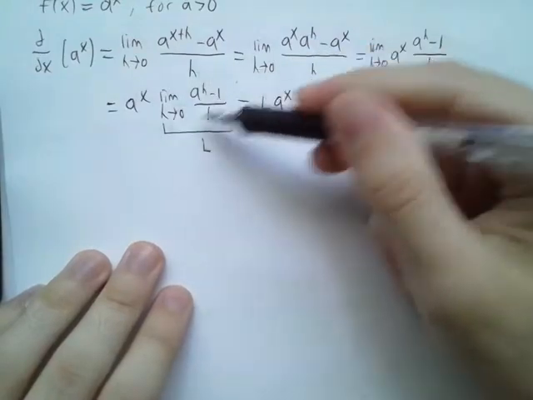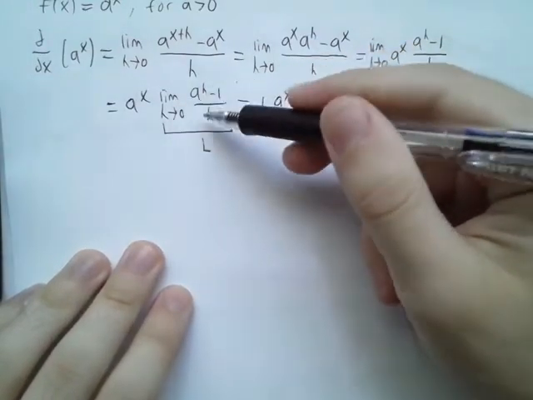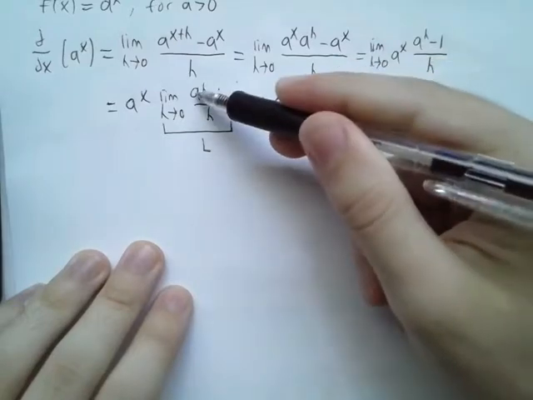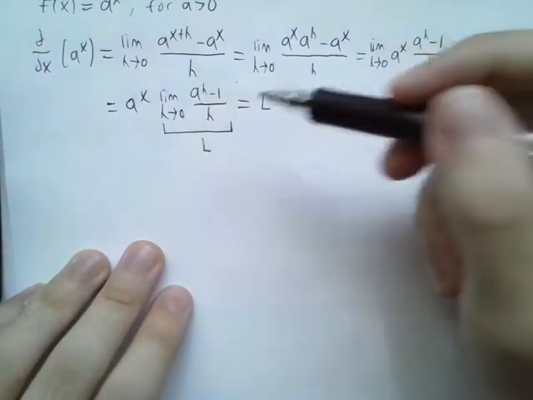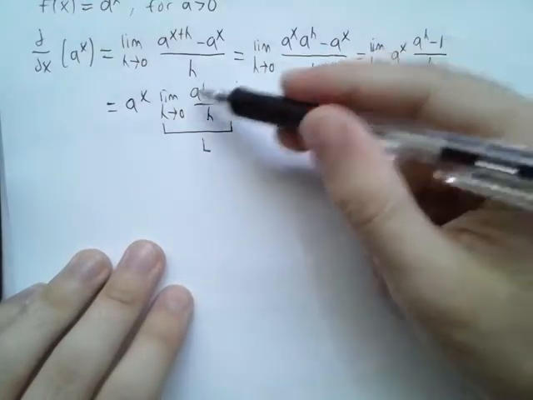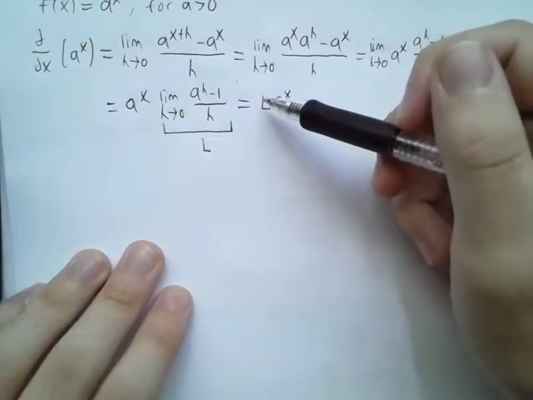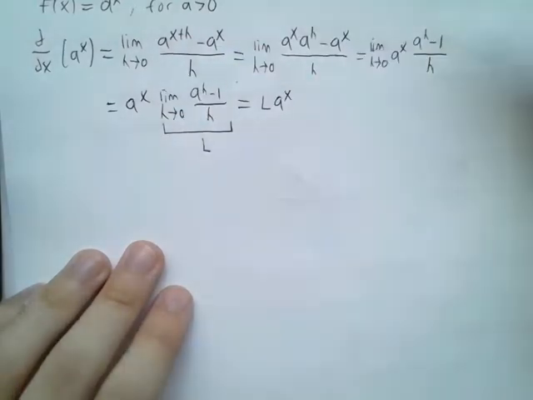Well, it's this limit, which I said we don't know how to compute. But we can estimate the value of this limit if you pick a value of a and then just plug in really small h values, use the table method for estimating limits, then you can try to figure out what L is for any fixed value of a.